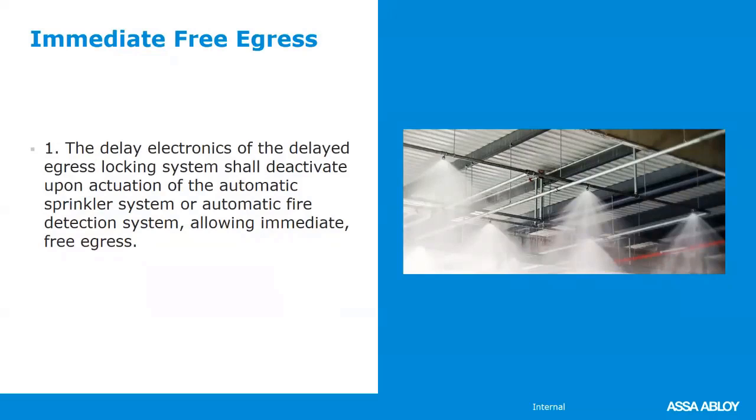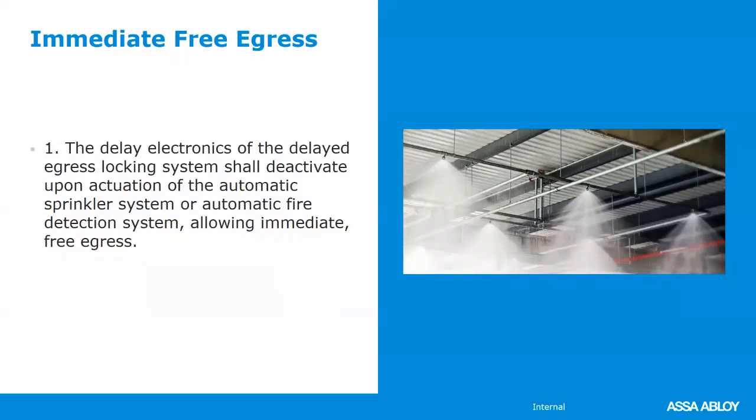Number 1, the delay electronics shall deactivate on actuation of the automatic sprinkler system or automatic fire detection system, allowing immediate free egress. What is actuation of the system?